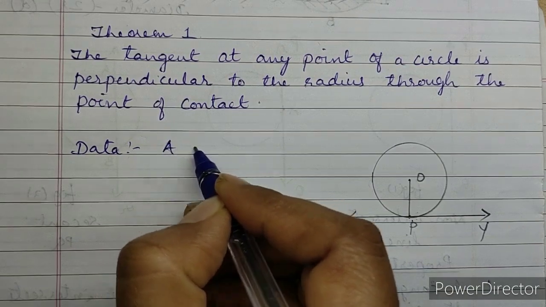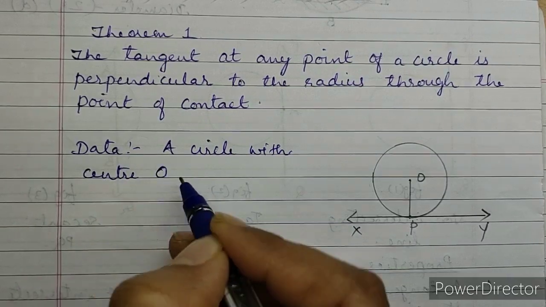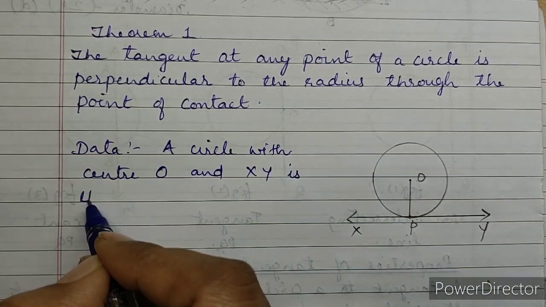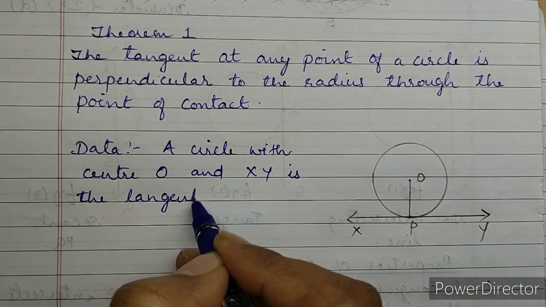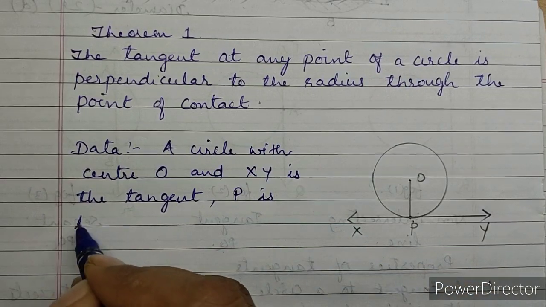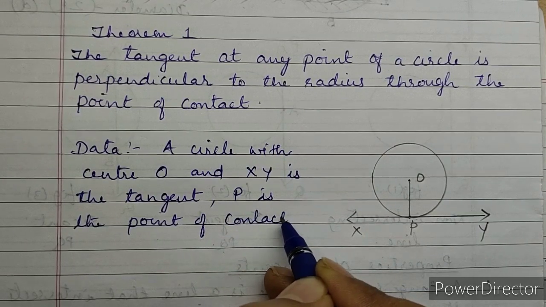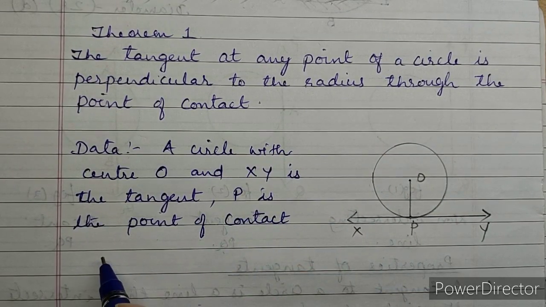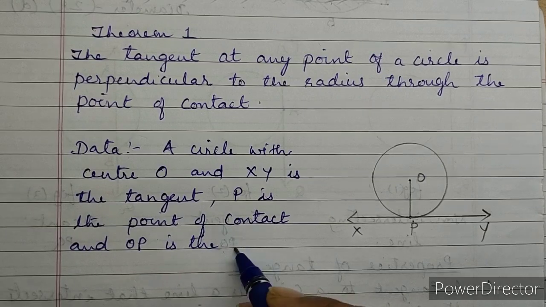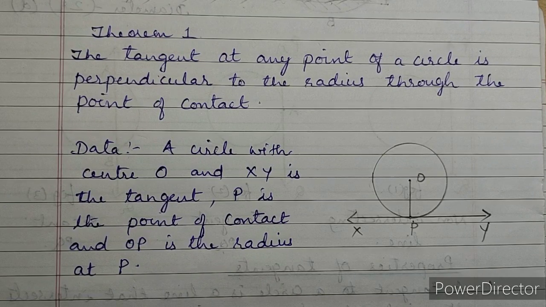A circle with center O, and XY is the tangent, P is the point of contact, and OP is the radius at P. So these are the things given.